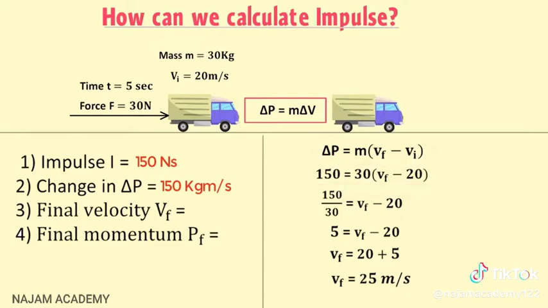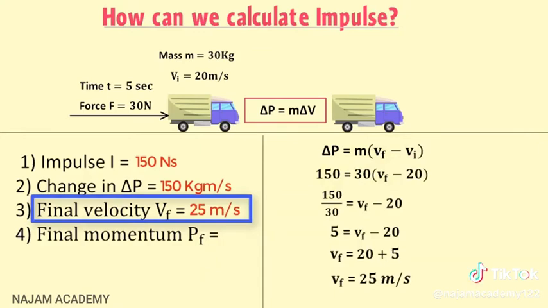Hence, 150 divided by 30 is equal to Vf minus 20. So 5 is equal to Vf minus 20. Our Vf is equal to 20 plus 5. Thus, the final velocity of the object is 25 meter per second.